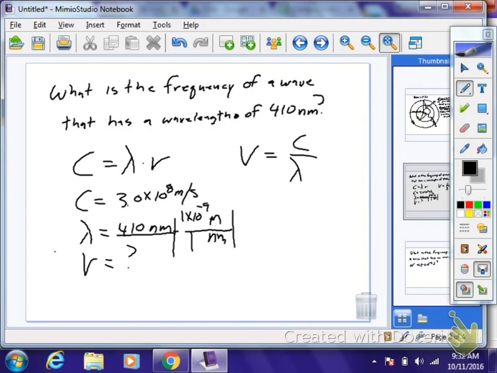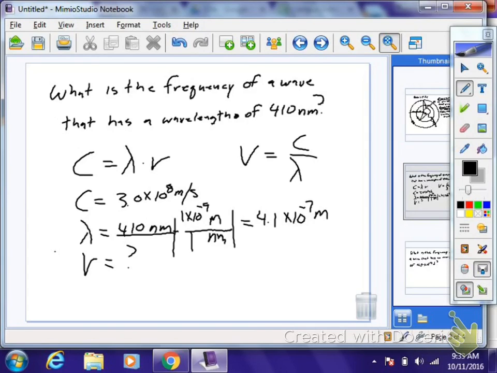We do the calculations. You guys want to practice calculations with scientific notation because some of you struggle with that. You're going to get a number out. That would be 4.1 times 10 to the -7th meters. So I convert it to meters, and now I can plug my numbers in.